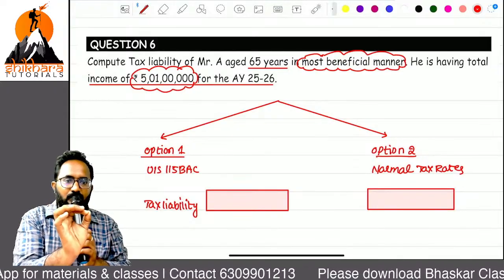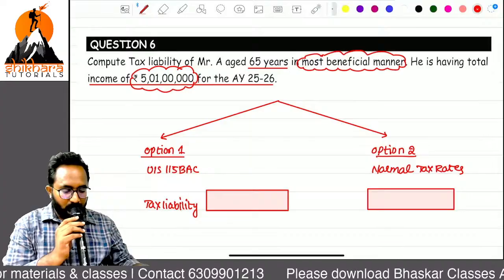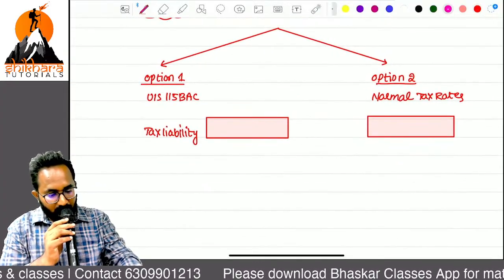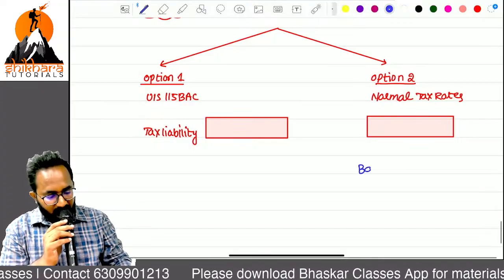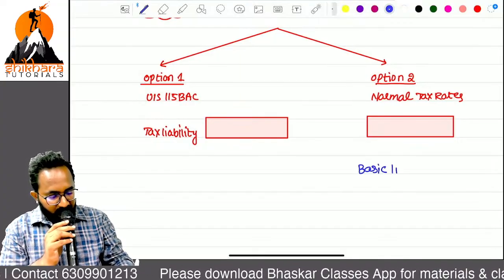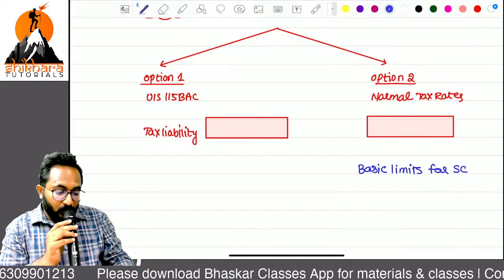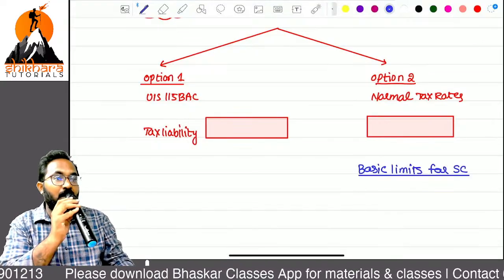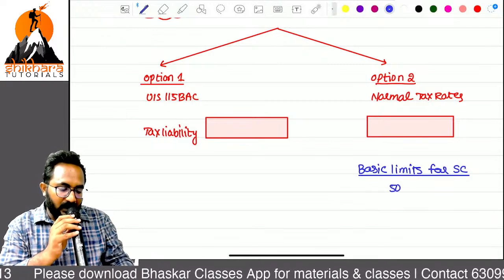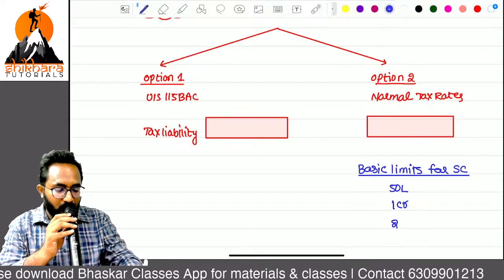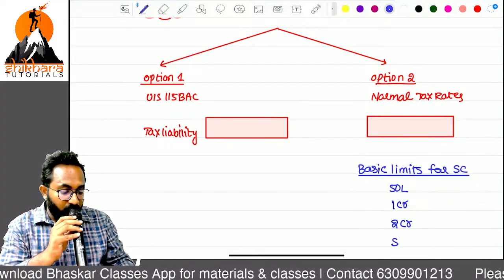Many students can make a mistake here. Basic limits for surcharge under the old regime are 50 lakh, 1 crore, 2 crore, 5 crore.